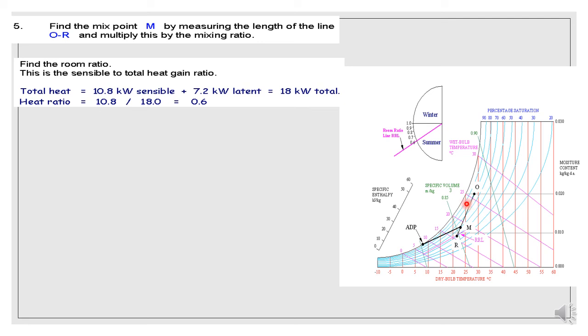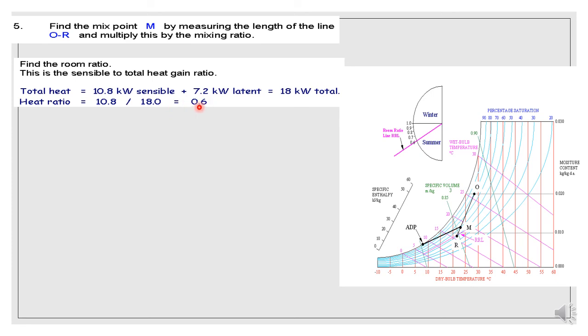So next step is to calculate the RSHF, because we know the sensible heat and the latent heat of the room, so you can just add them up. So you have 18 kilowatt in total, and we know that RSHF is equal to the sensible heat over the total heat. So just divide 10.8 of the sensible heat by the total heat, which is 18 kilowatt.